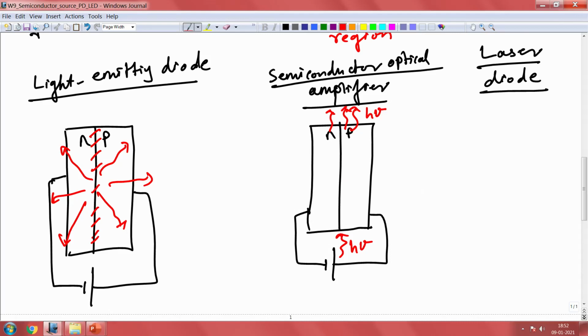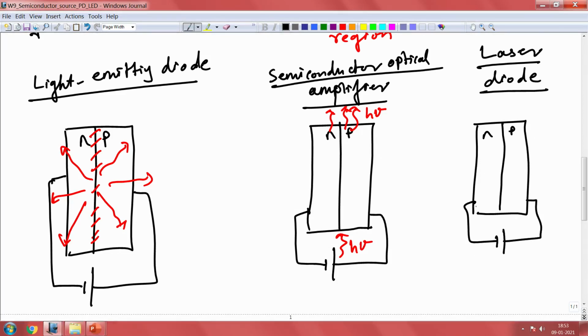So, this is what we call an optical amplifier, and then you could have another type of device where we create the diode here to be highly directional. The light generation is along only in this direction, and the emission is confined within this, and that would result in photons coming out only in this direction.